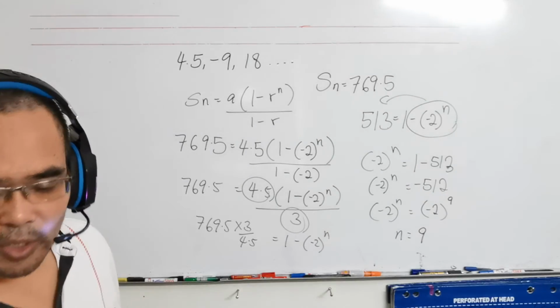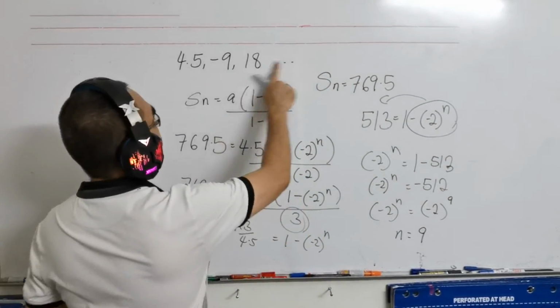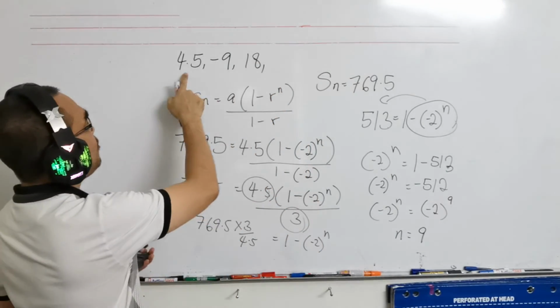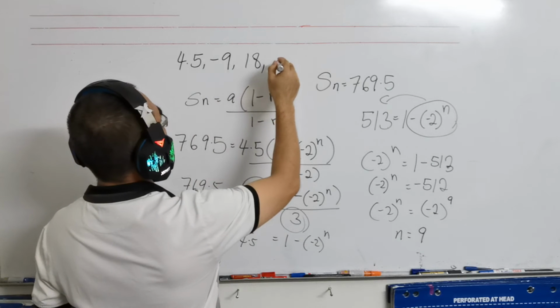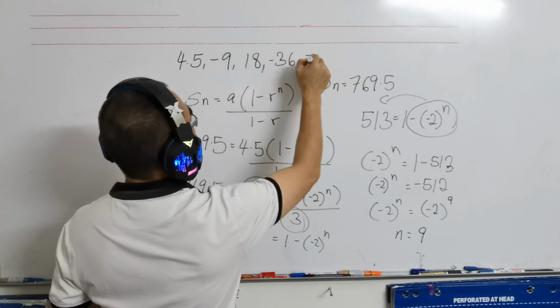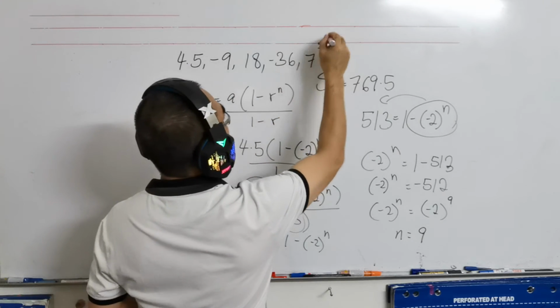So it is not impossible to discover this manually, because 9 is not that big. So 4.5, negative 9, 18, then you multiply by 2, you get negative 36, then 72. 1, 2, 3, 4, 5. This is the fifth one.